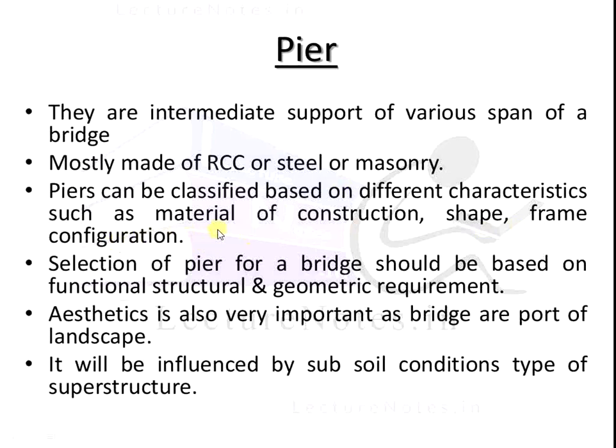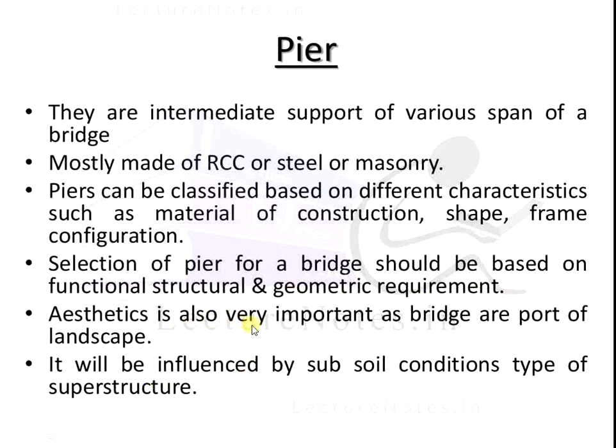frame configuration. Next, selection of pier for a bridge should be based on structural and geometric requirements. The selection of the pier is totally based on the design of the bridge, the length of the bridge, or the location of the bridge, and it is also an important geometric requirement.